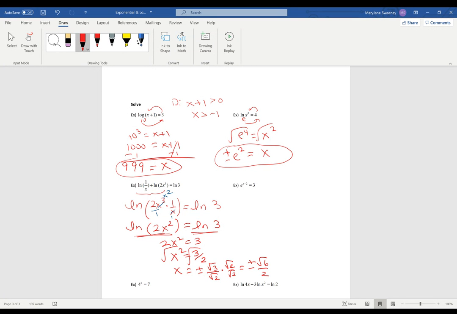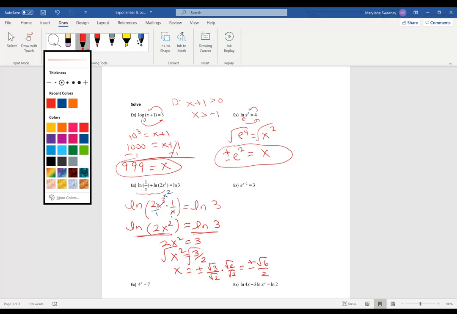Now, I remember I can't take the log of a negative or a 0. So if I put my values up here for x, I have to ask myself, am I taking the log of something 0 or negative? Well, if I put in negative radical 6 over 2 up here, then I would be taking the log of something negative.